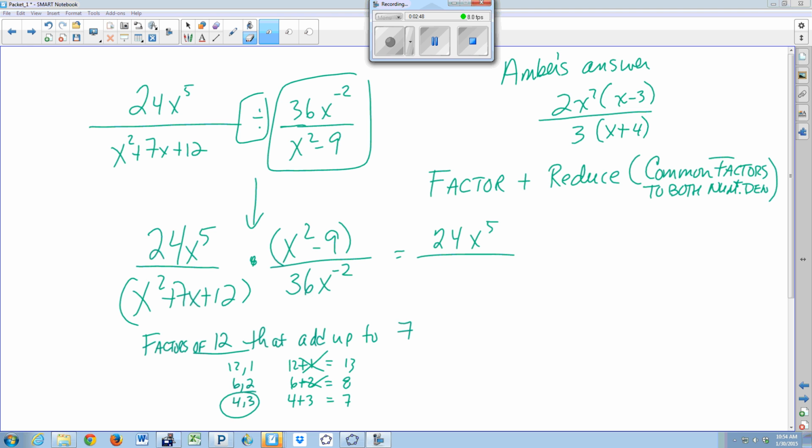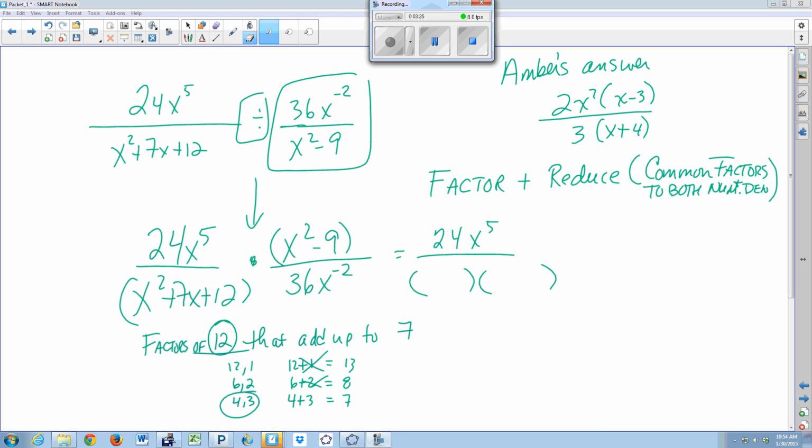These would be used if you had something like a 13x in here, you'd use 12 and 1, and 8x, you could use 6 and 2. Oh, cool. So you kind of start with the middle number, 7, and think of 4 and 3, 6 and 1, like that? Yeah. That actually reduces the number of possibilities sometimes, right? Depending on how big this number is here. Okay, that's cool.